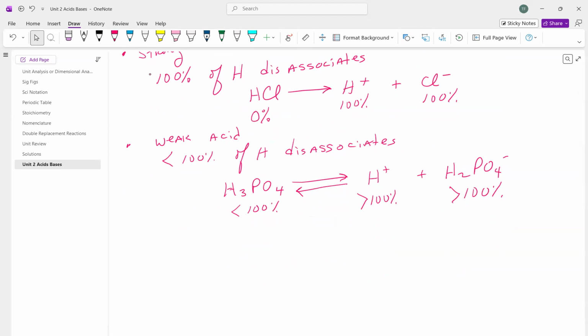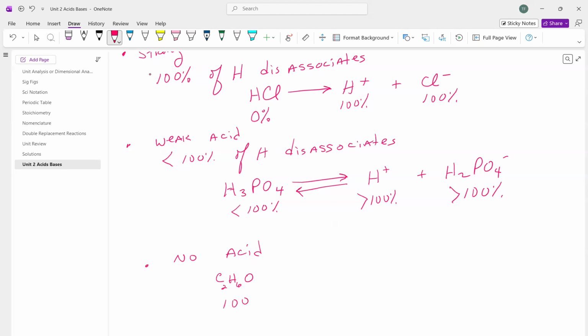So you have strong acids, weak acids, and no acids. Why would it not be an acid? Hydrogen isn't dissociated at all. H doesn't dissociate. So let me give you an example. That's ethanol, drinking alcohol.